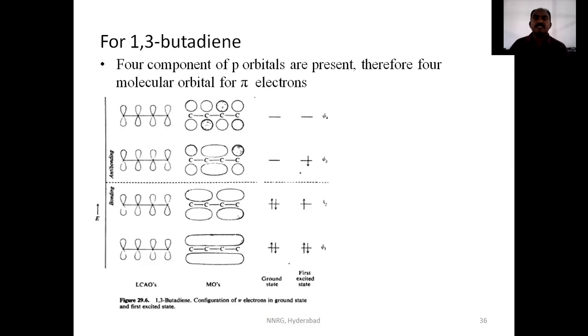When the energy increases, the stability of the molecule decreases. So the most stable molecular orbital in 1,3-butadiene is the first one, which we call psi 1. Molecular orbitals 1 and 2 are more stable, and molecular orbitals 3 and 4 are quite unstable.